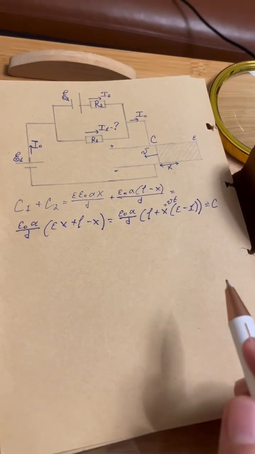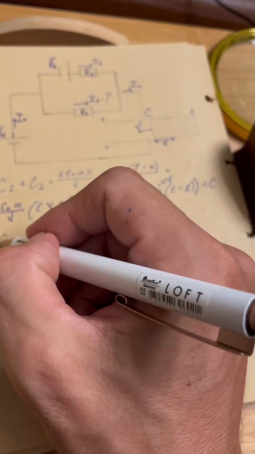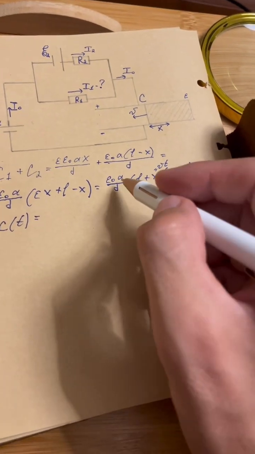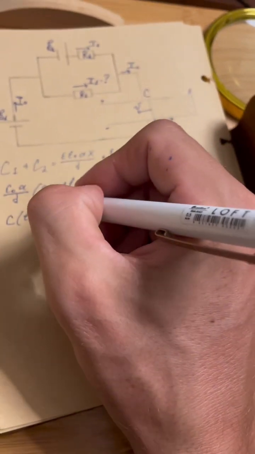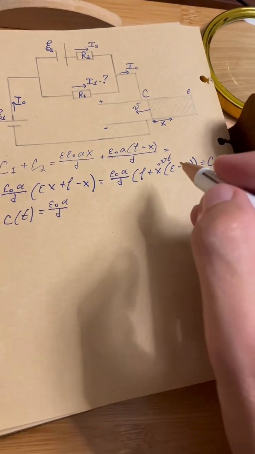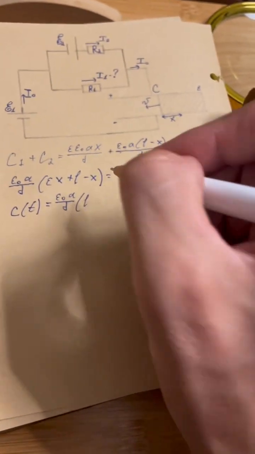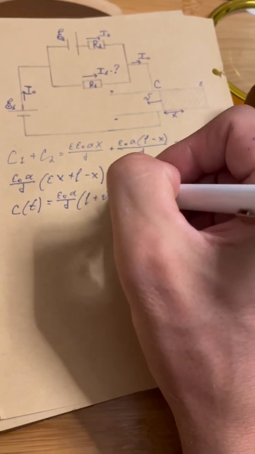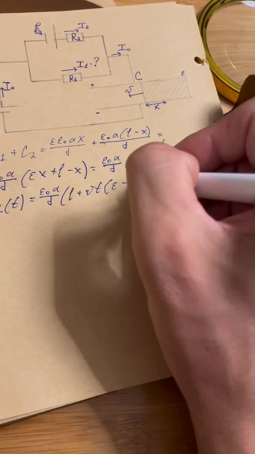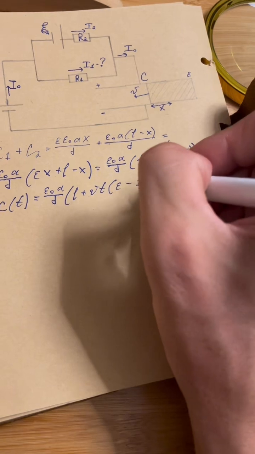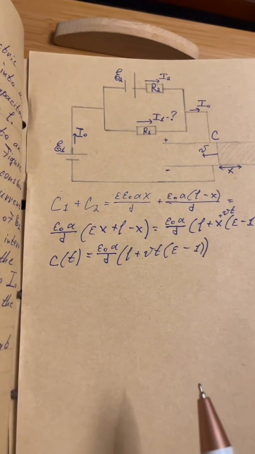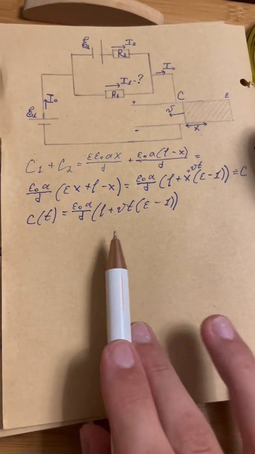So I can say that the capacitance as a function of time equals epsilon 0 A over D times (L plus Vt times (epsilon minus 1)). Okay, so this is the equation for capacitance. We will use it later.